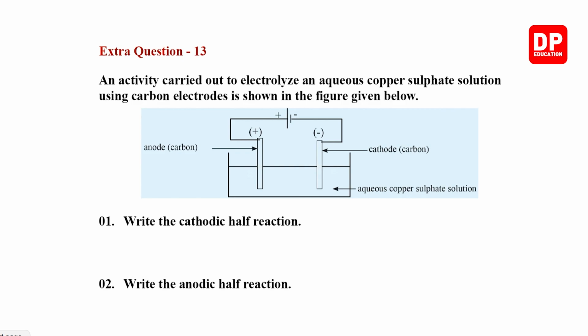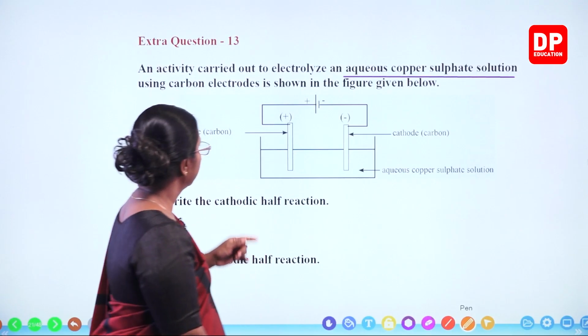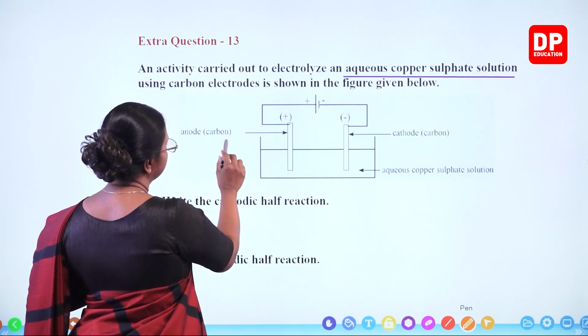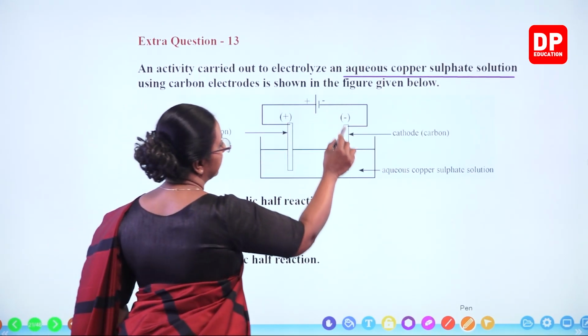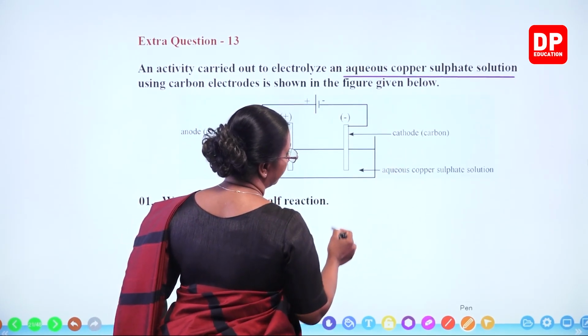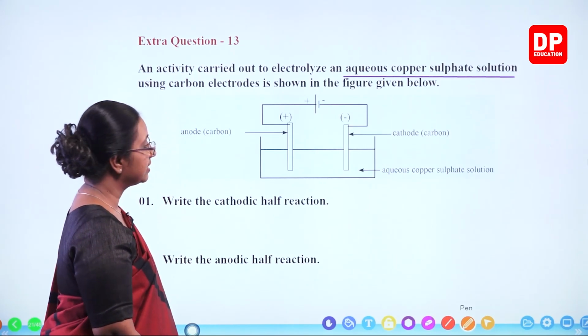Extra question 30. An activity carried out to electrolyze an aqueous copper sulfate solution using carbon electrodes is shown in the figure given below. So it is the electrolysis of aqueous copper sulfate solution. So you can see here the positive terminal, the positive electrode, that is the anode, carbon, and the negative terminal, that is the carbon electrode, that is the cathode, an aqueous copper sulfate solution.